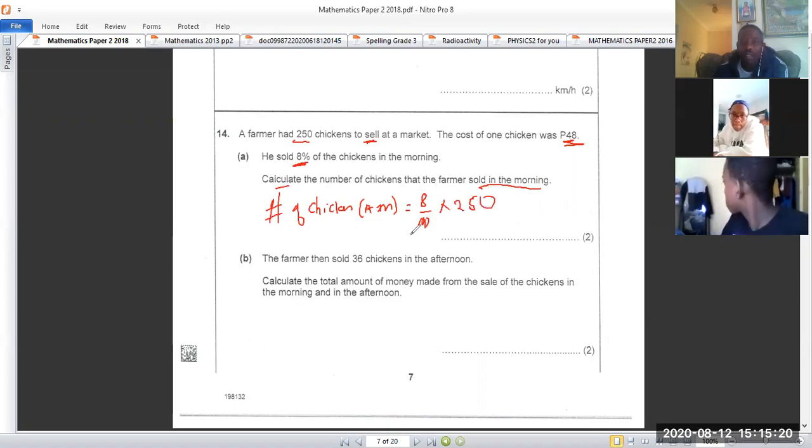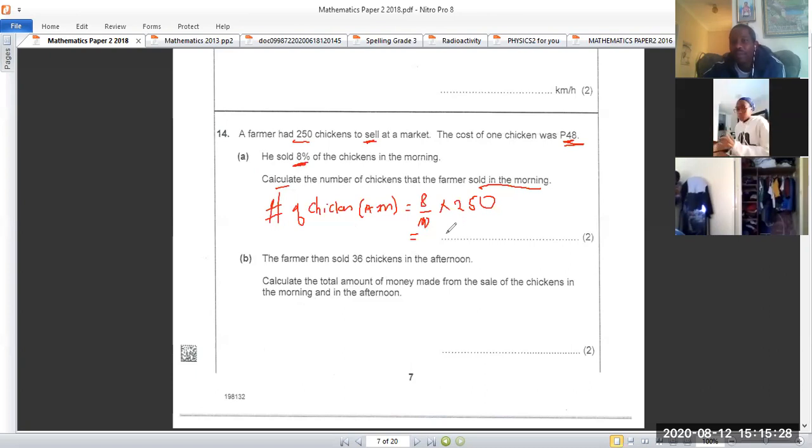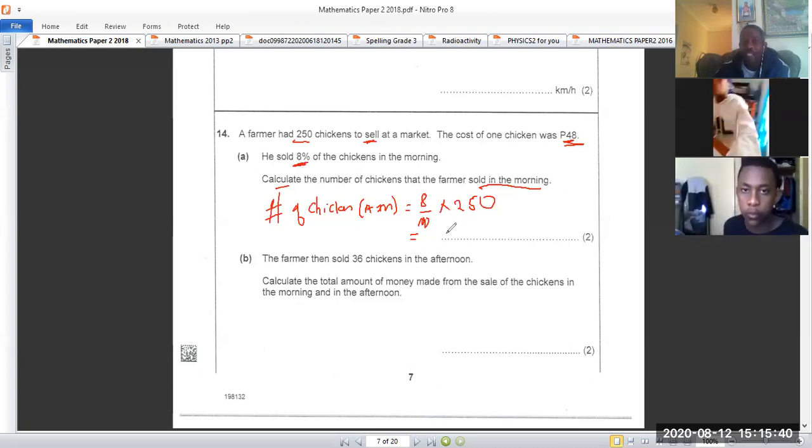And this will give you how much? How many chickens?